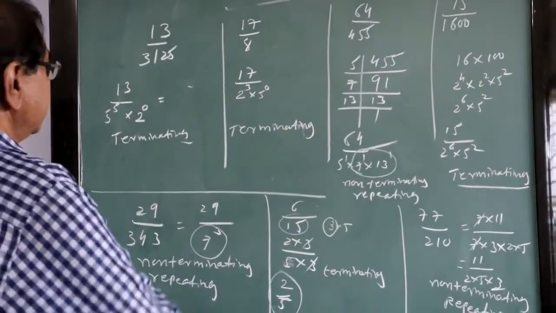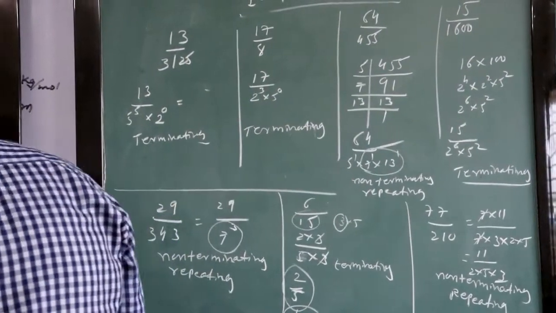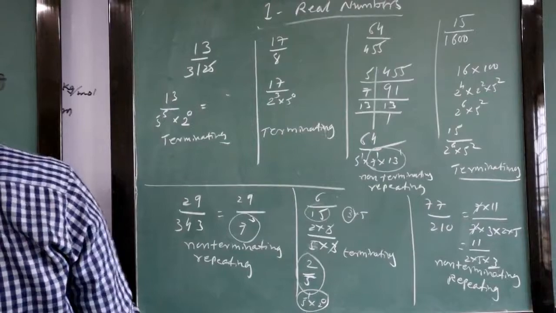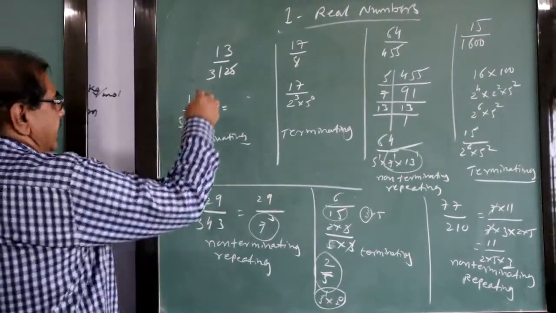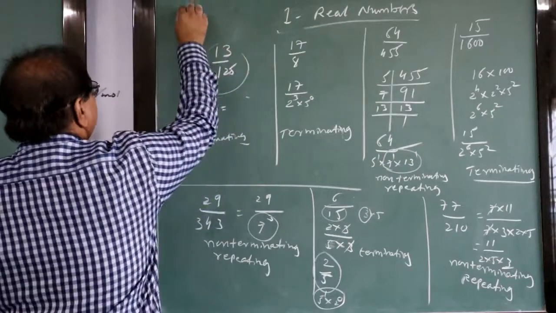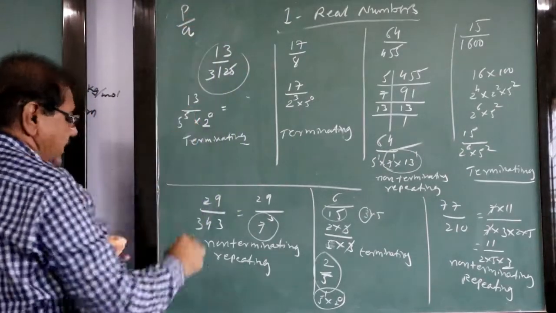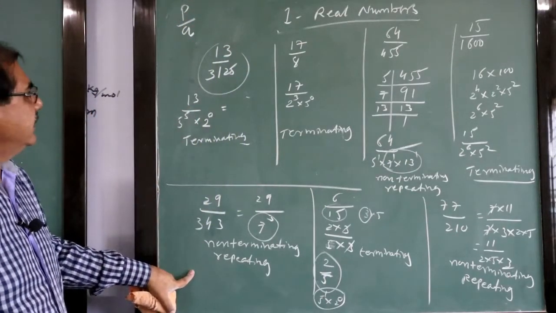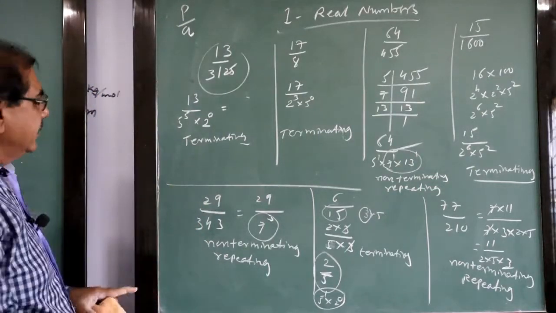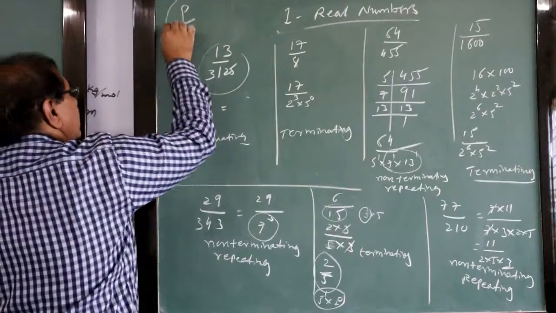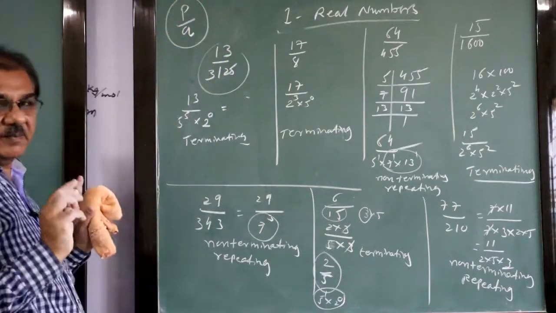So this is how we have taken certain examples. Now I ask you a question. If the number is of the form p upon q with the given condition, then it is either terminating or non-terminating and repeating. So long it was a rational number.